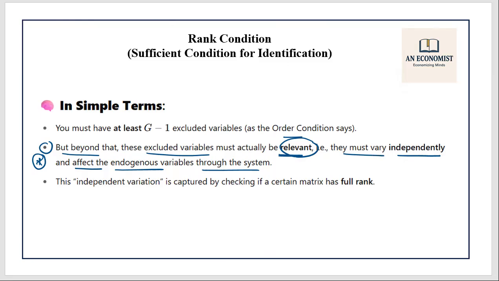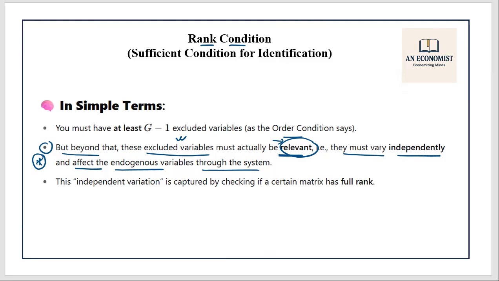Because in the order condition, we have ensured that there exists a sufficient number of excluded variables, but we don't even know whether those instruments are relevant or significant. Significant or relevant means whether they can independently explain the variation of the endogenous variable in a system of equations or not, and that is what we are going to check using the rank condition. Now how do you check it mathematically?